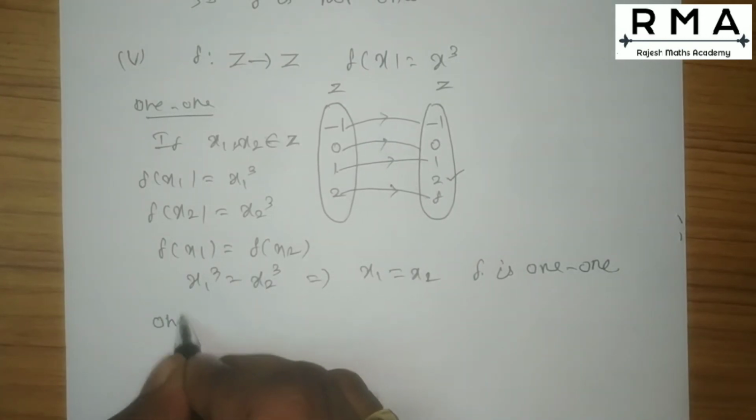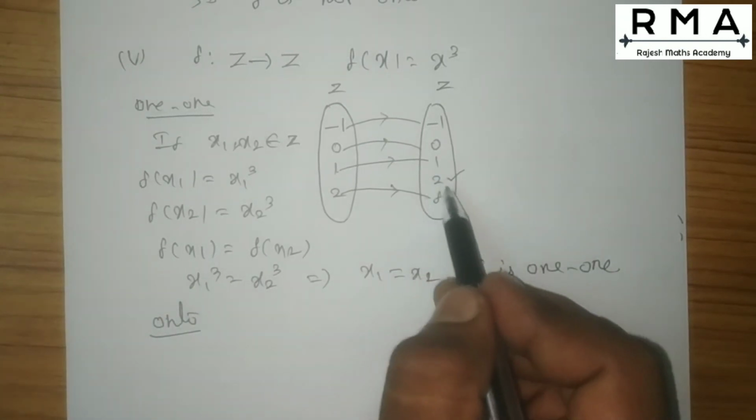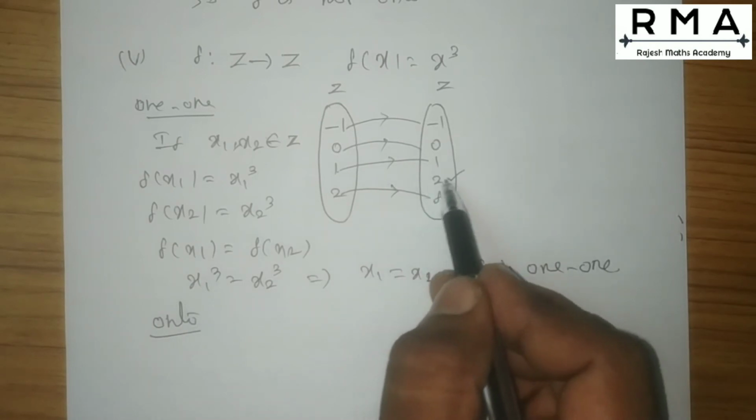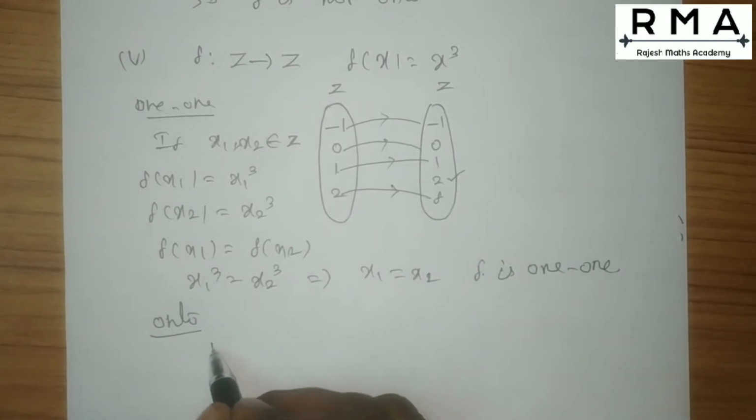What about onto? As I said, it is not onto because 2, 3, these elements are left unmapped. So I can write this.